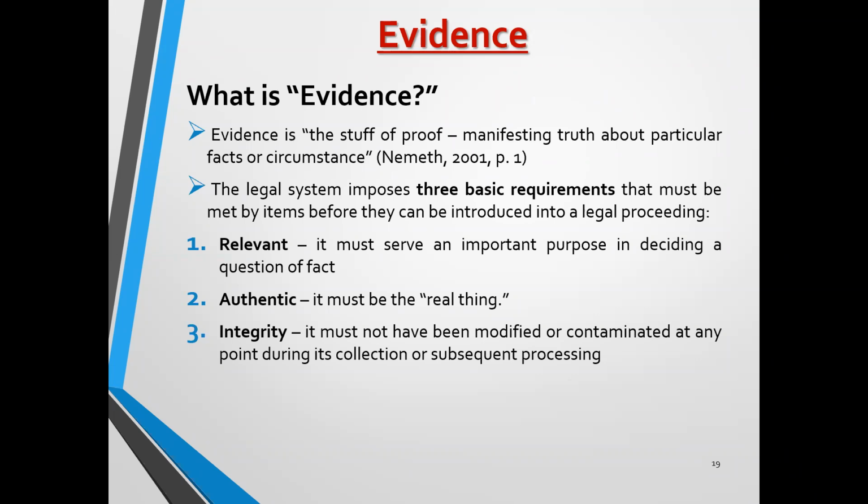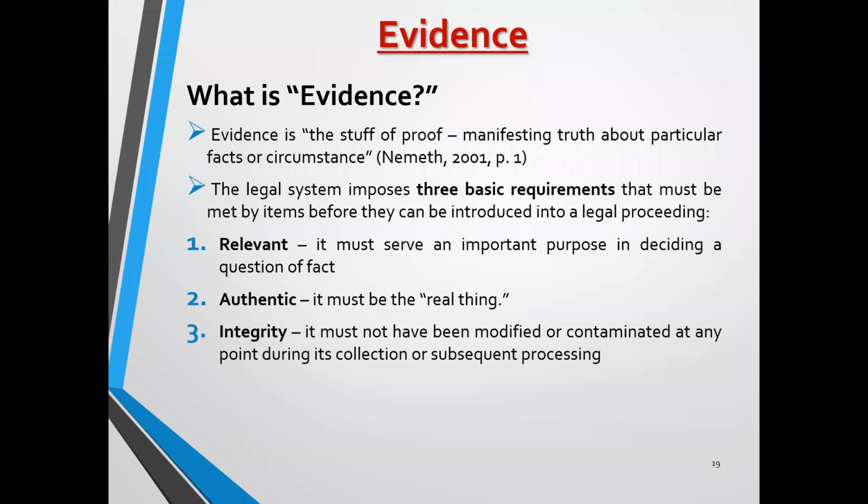Relevance means that it must serve an important purpose in deciding a question of fact. If it is theft of elections, everything you're talking about should be about elections in that place. Evidence from the polling stations, phone numbers, cameras, snapshots. There must be a lot of evidence in relation to that particular crime you're mentioning.